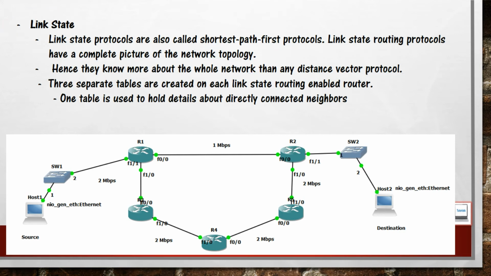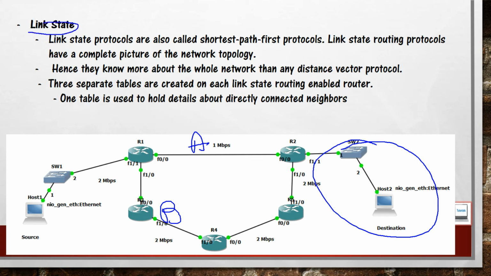It means, as you can see in this figure, to forward the traffic towards this destination, R1 has two options of path A and B respectively. Generally, link state routing protocols use bandwidth as the metric. As you can see in this diagram, the bandwidth of this path is much more than the bandwidth of this path.